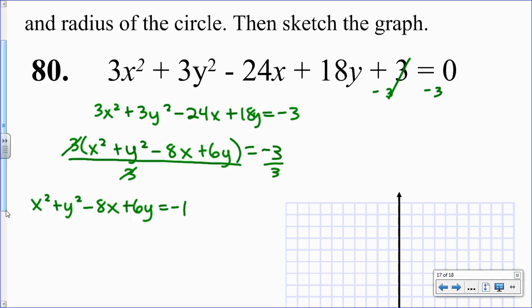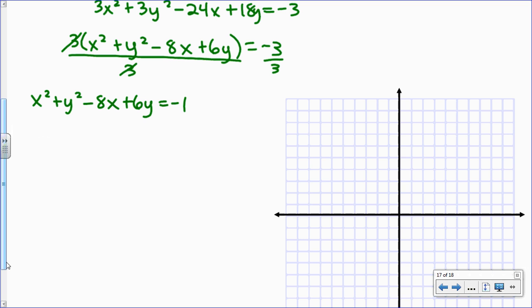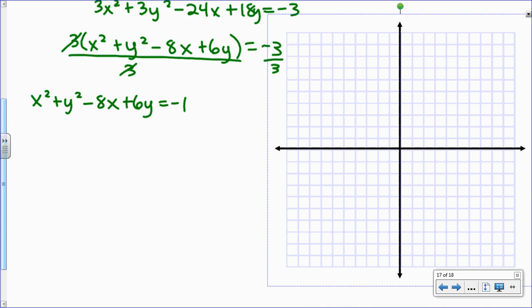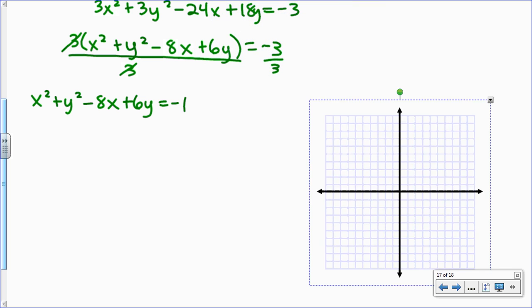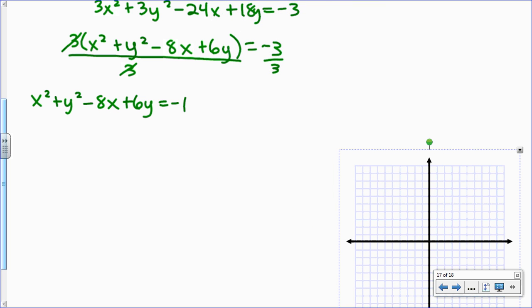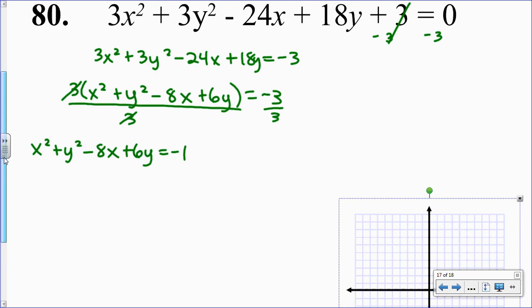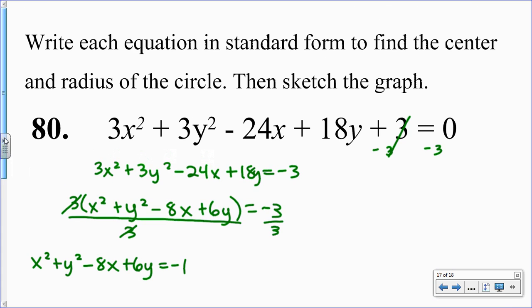So I have a little bit of work to do just to get it set up. So now I'm ready to complete the square. When you complete the square, you want to do it with x and y because you want to write this in standard form.